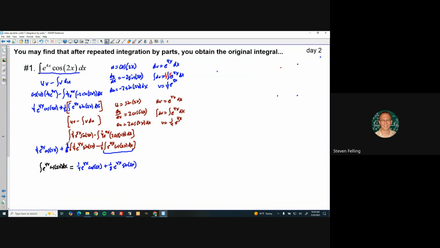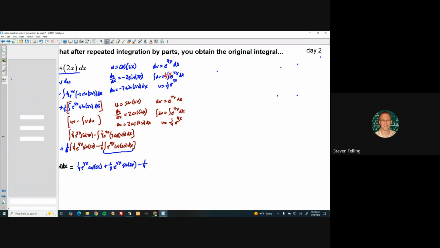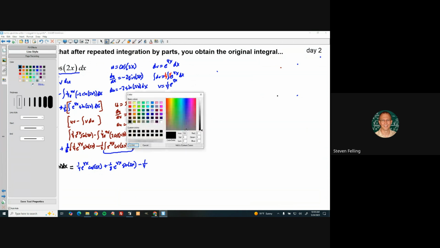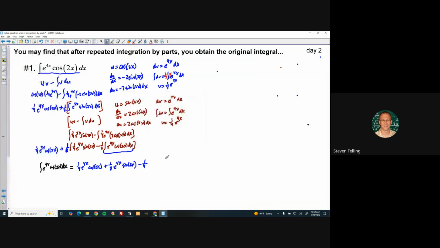And then it's a positive 1/2 times a negative 1/2, so that is minus 1/4 times the integral of, and I'm going to switch to black here for a second. See why? Because that is the original integral. E to the 4x cosine 2x dx.